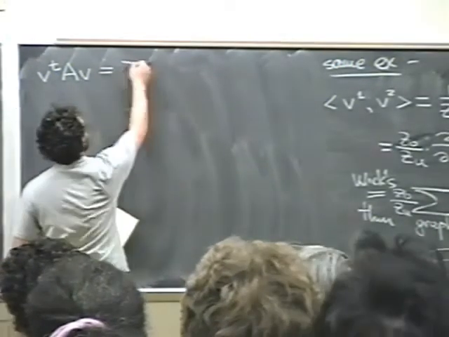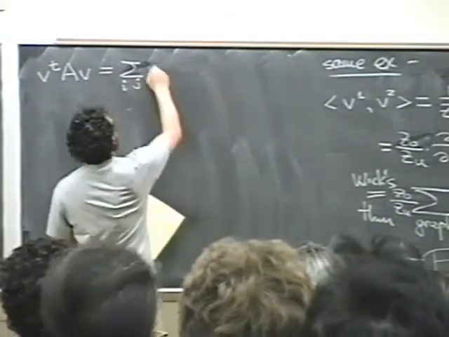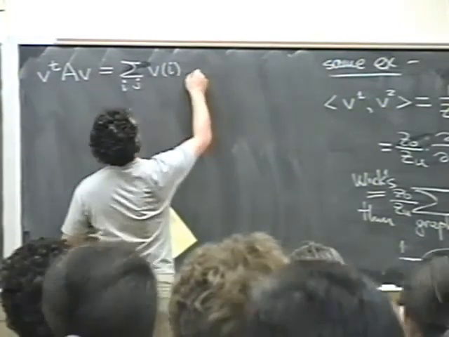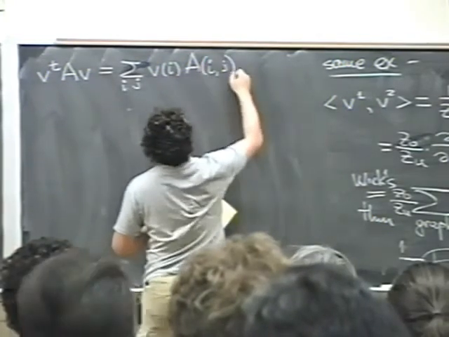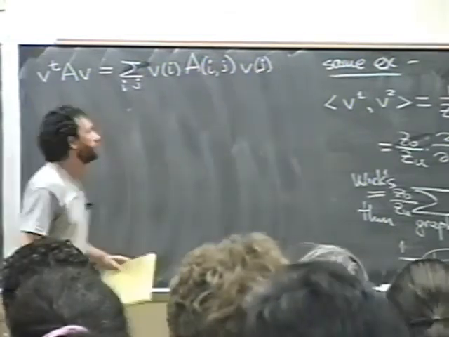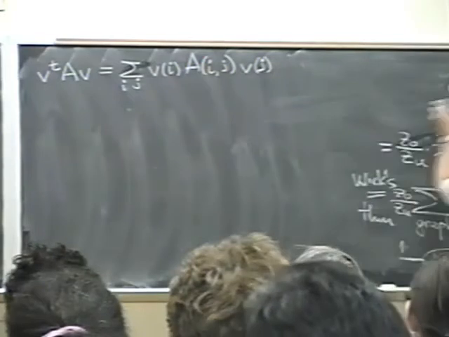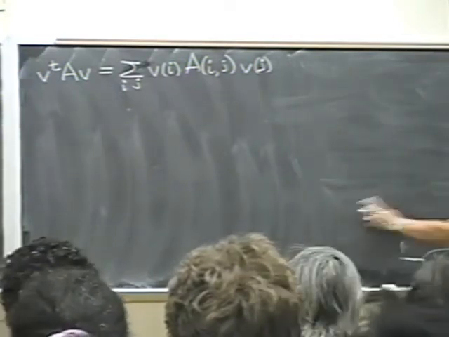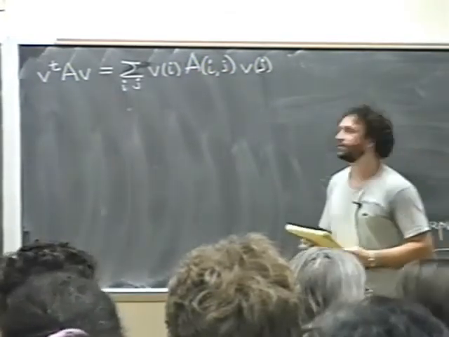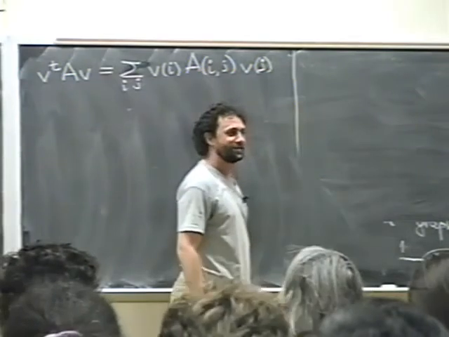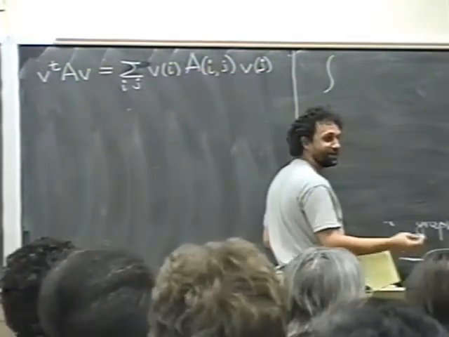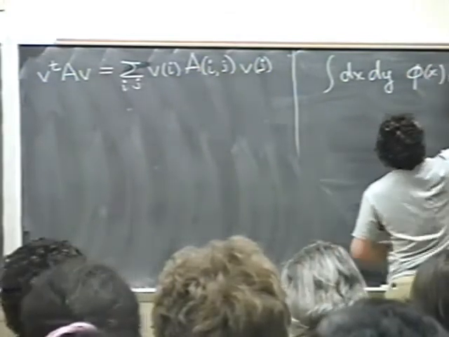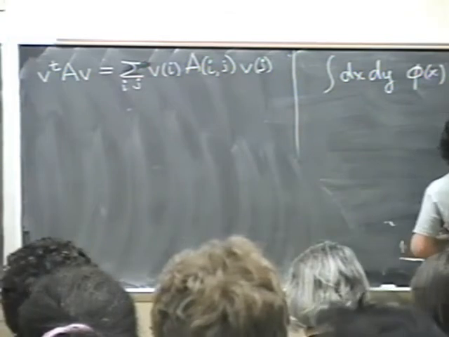Well, it's the summation over i's and j's of v_i A_ij v_j. So what will be its analog in infinite dimensions? The double integral dx dy phi(x) K(x,y) phi(y).